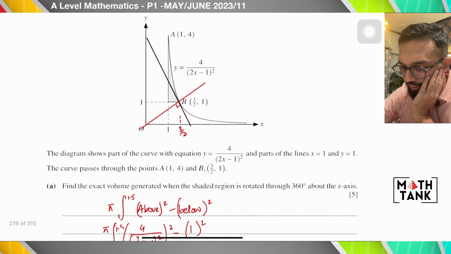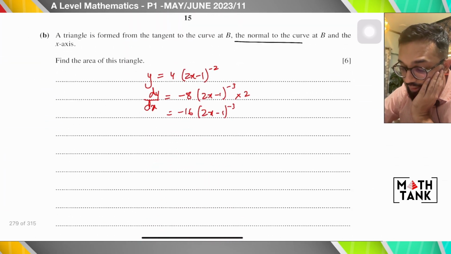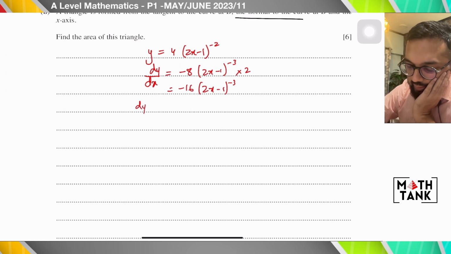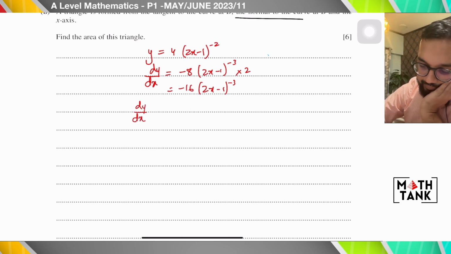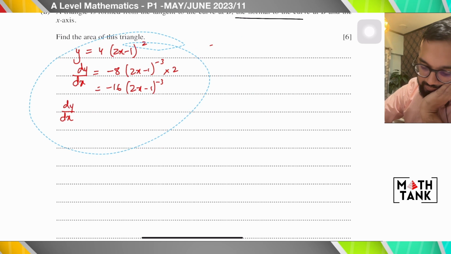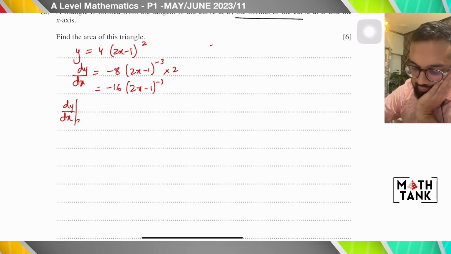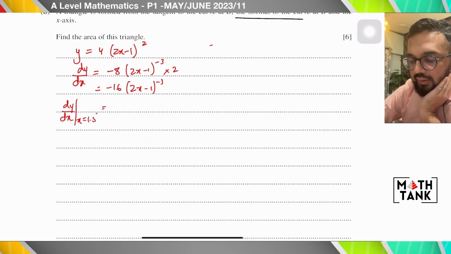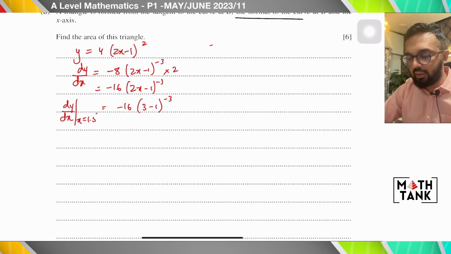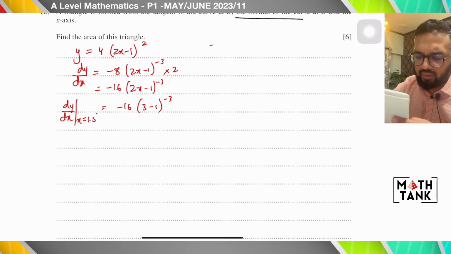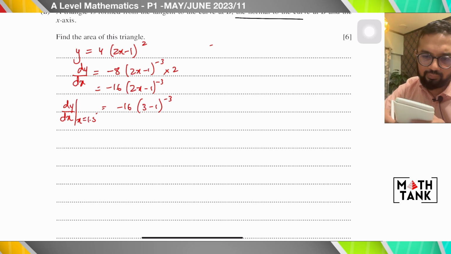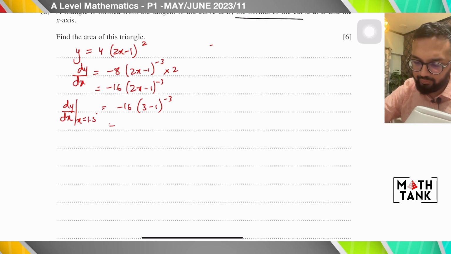Now what is the point B? The point B is 1.5 comma 1. So I'm going to say that dy by dx at x equals 1.5 is minus 16 into 3 minus 1 power minus 3. That should give me 2, I think. Minus 2.